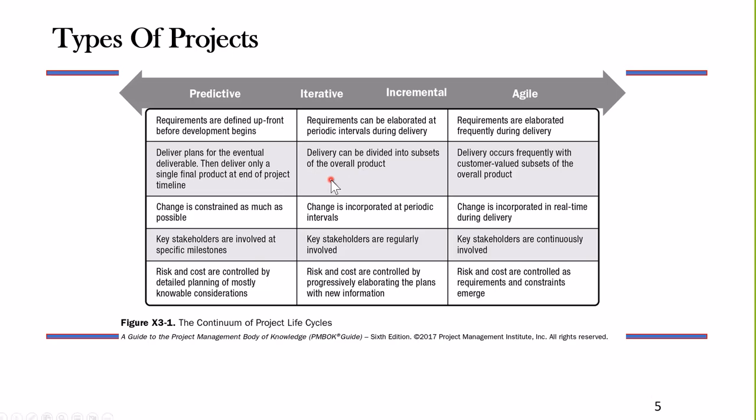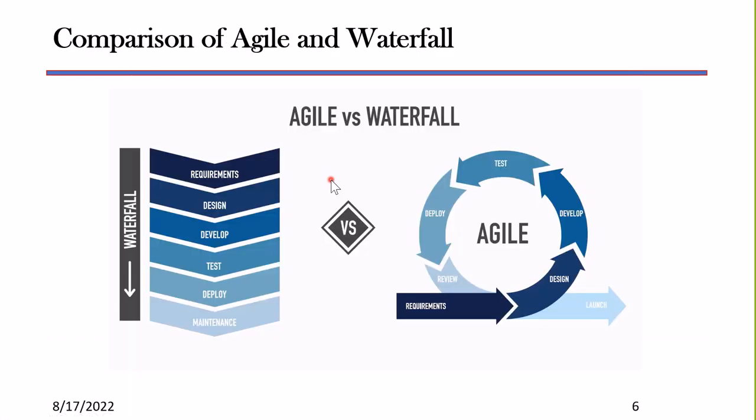If we were to do a high-level comparison of waterfall versus agile, we would see that waterfall gets its name basically from flowing down. As we complete each one of these items listed here, that flows down into the next.